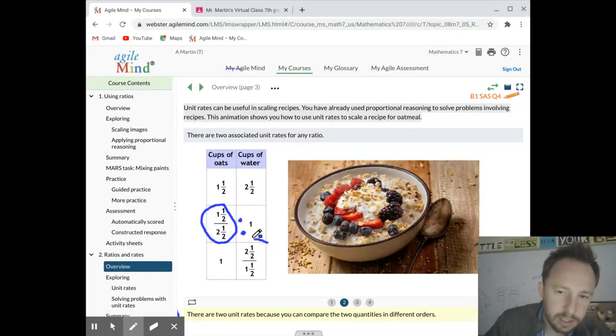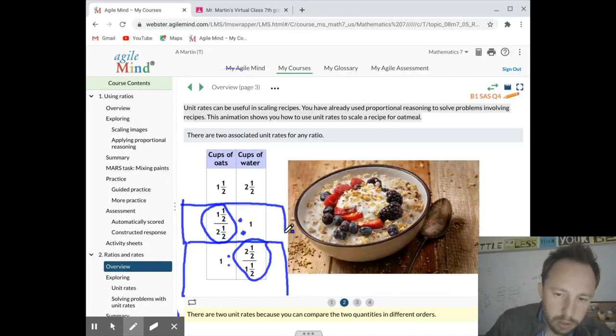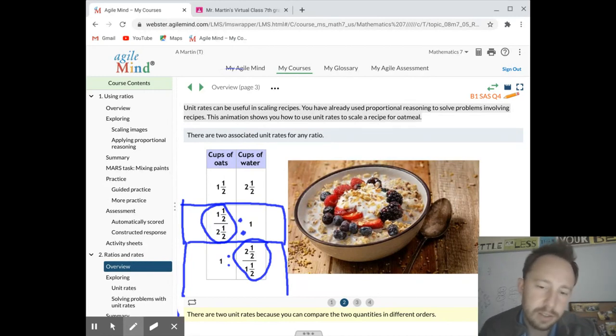And this is saying this is the cups of water to the oats. So this right here is a ratio, and this one right here is a ratio. But they're both what type of rate, since they're being compared to one whole? Unit rates. All right? So see if you can answer the question now.